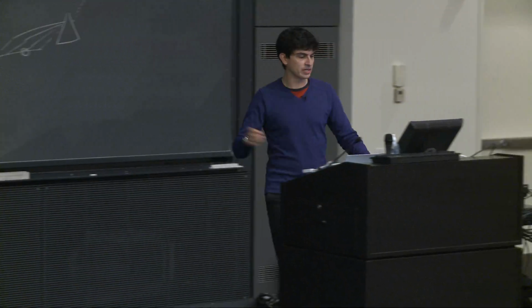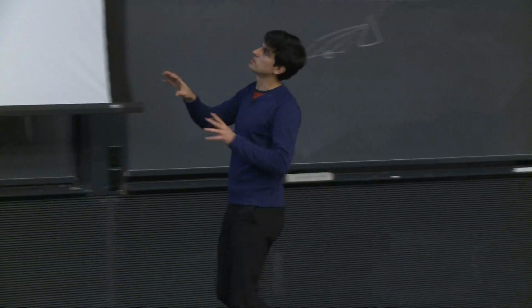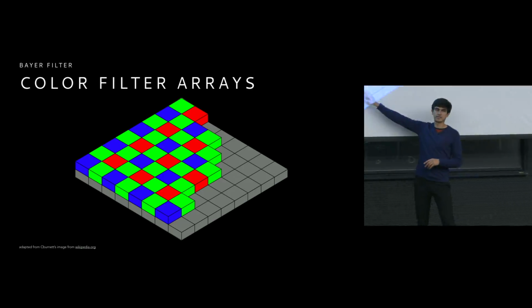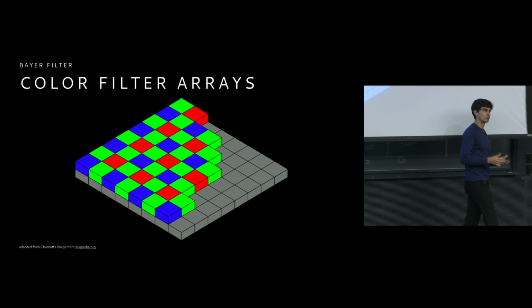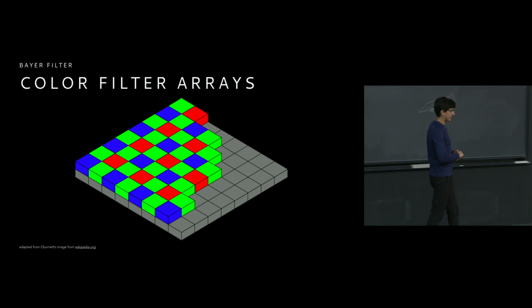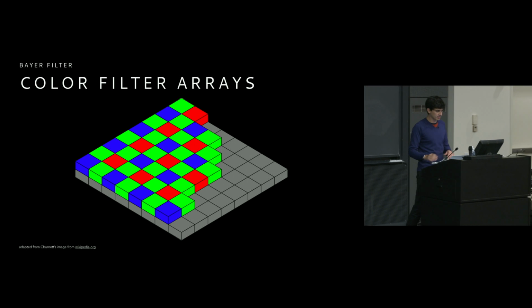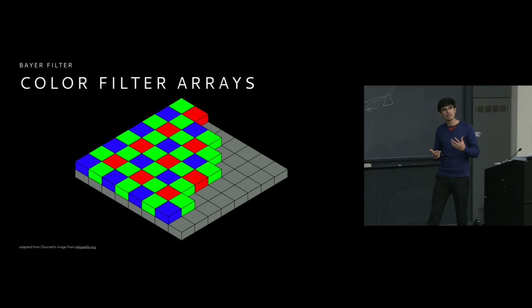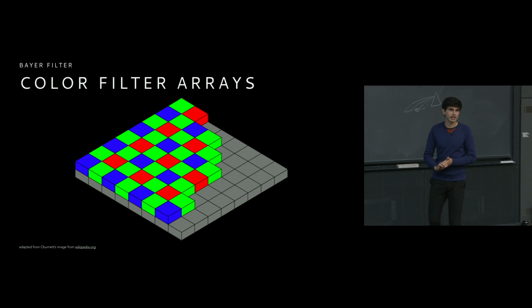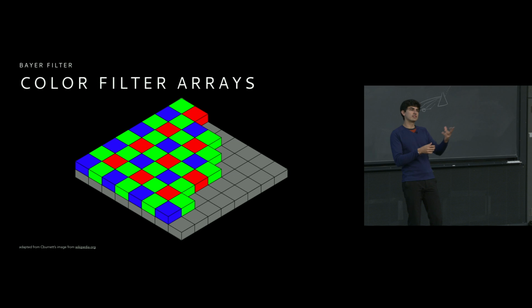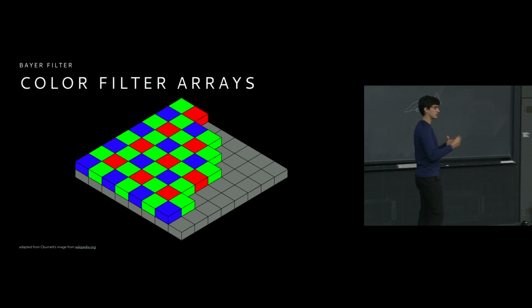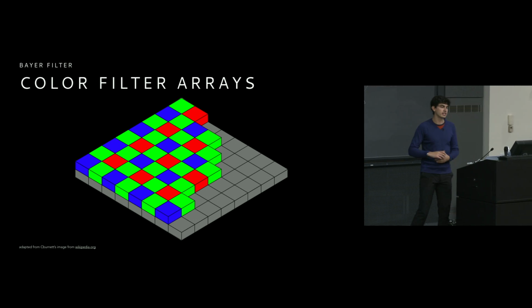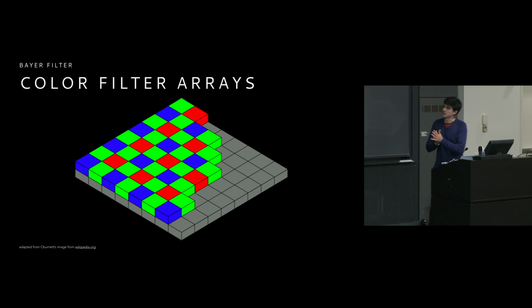But I want to talk a little bit about this color filter array, in that this, for some reason or another, is one of the most popular types of color filter arrays on the market, but there are others as well. There's a wide variety of them, in fact, and some companies attempt to use alternate color filter arrays as marketing tools to say, oh, the improvement in the color reproduction of this camera is noticeable because we're not just using red, green, green, blue like all of our competitors.